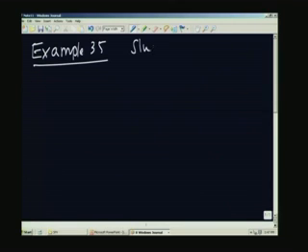So, this is example 35. It is just the use of the formula we derived previously, and all I will do is label all the things given. The slug is of copper, and copper properties can be taken from a handbook.